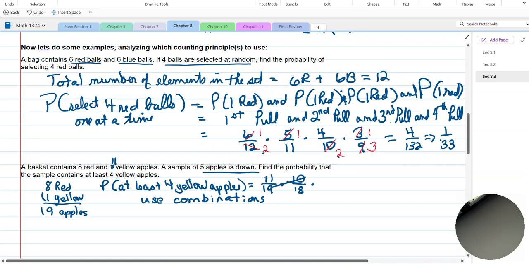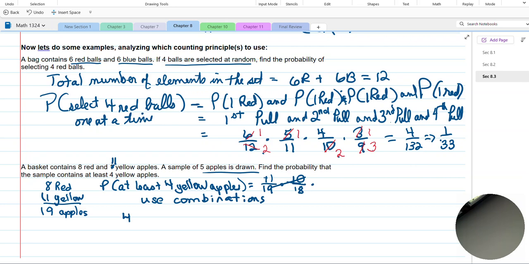All right, here we go. So at least 4. So we want 4, choose, 11, choose 4. And then we would have out of the 4, and we're talking at least 4 yellow apples. And that means, okay, so we can have 0 out of the red. Oh, a basket contains 5.